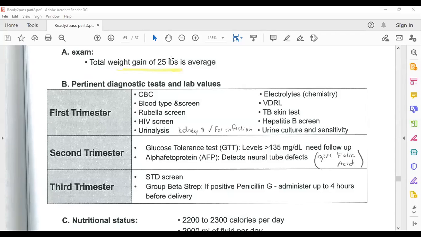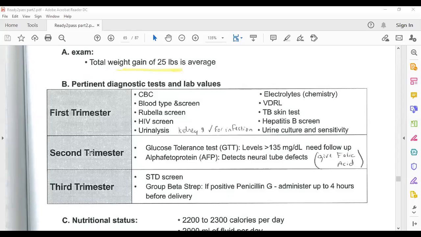Let me actually redo it. I'm talking about body weight here. So the total body weight gain should be 25 to 35 pounds. After the first trimester, meaning second and third trimester, the mother will gain 1 pound per week, right?